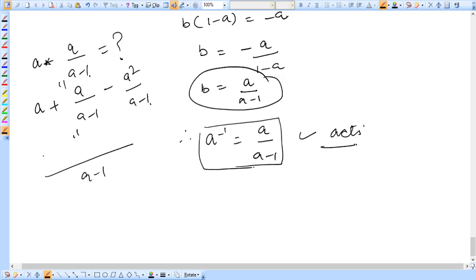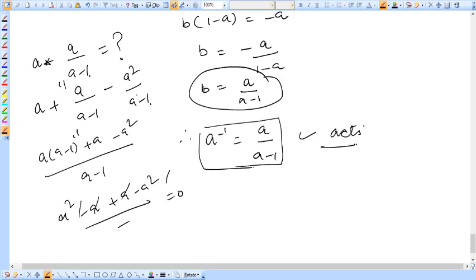Now you see A times A minus 1 plus A minus A square, solving it out we will have A square minus A plus A minus A square by this. So cancel and it is equal to 0.